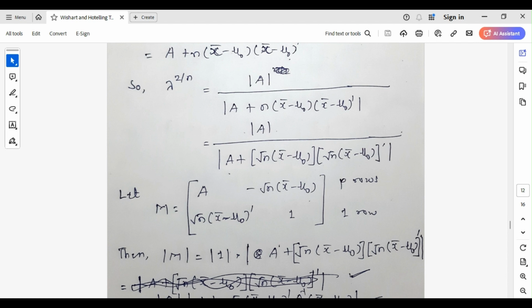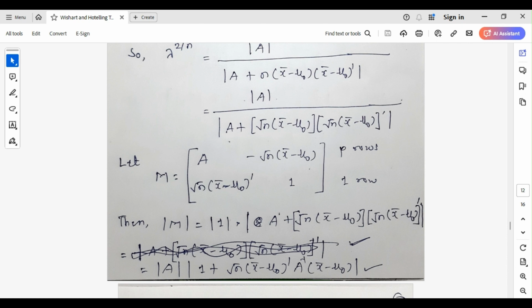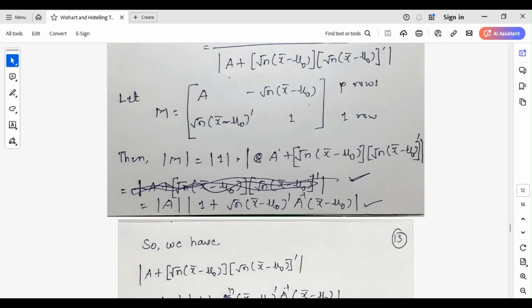So that the matrix M is of size p plus 1 cross p plus 1, wherein the first p by p matrix is this, then the last column is like this, and the last row will be like this. Then when we take the determinant of such a matrix M, by applying the formula for calculating determinant of a partitioned matrix, we get determinant of M to be equal to determinant of 1 into determinant of A plus root n x bar minus mu naught into root n x bar minus mu naught transpose.